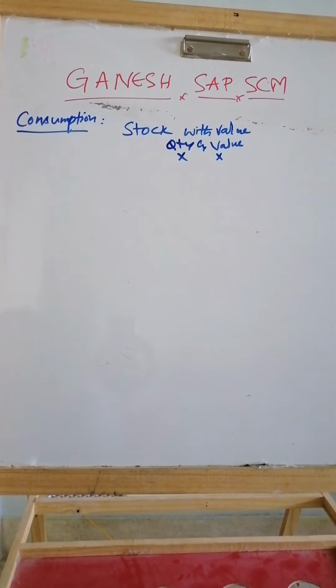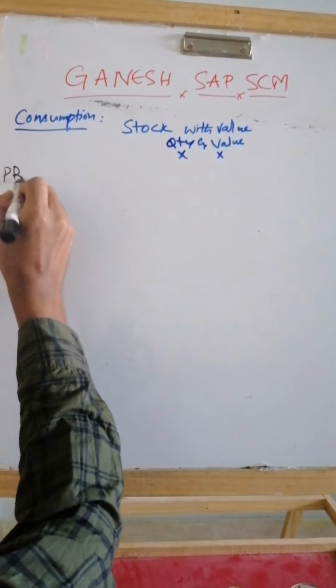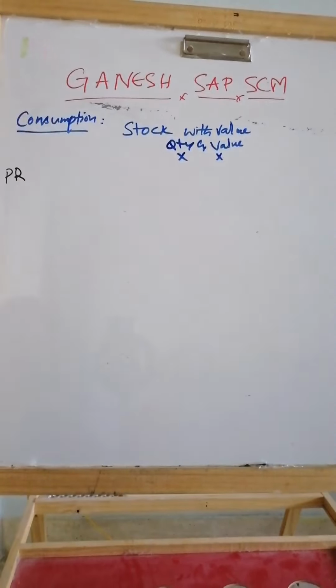Even in our last video on stock procurement, I mentioned the PR, RFQ and contract, so we already know that point. If you have a purchase requisition, any department can create one based on the requirement.